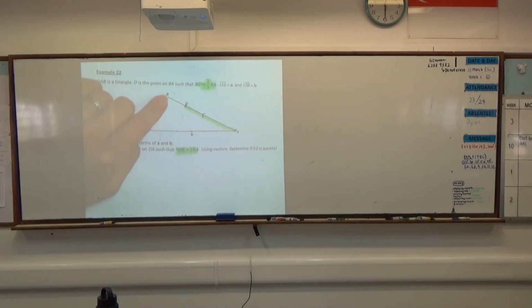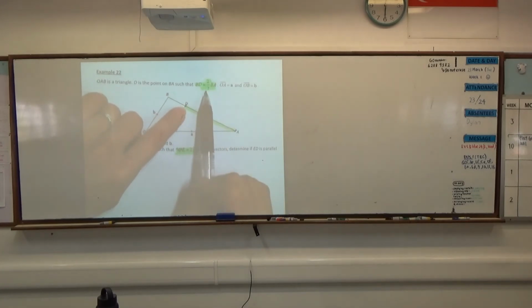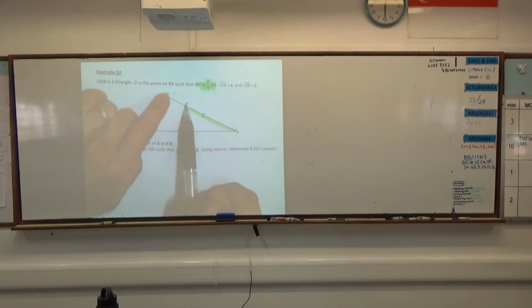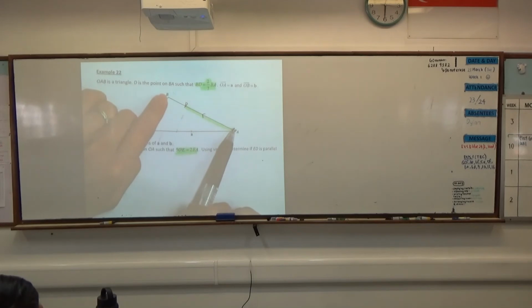So in order for us to find out the vector of AD, what we can do is make use of this concept here. It says that BD is 2 over 7 of BA. That means that BD is 2 units while BA is 7 units.